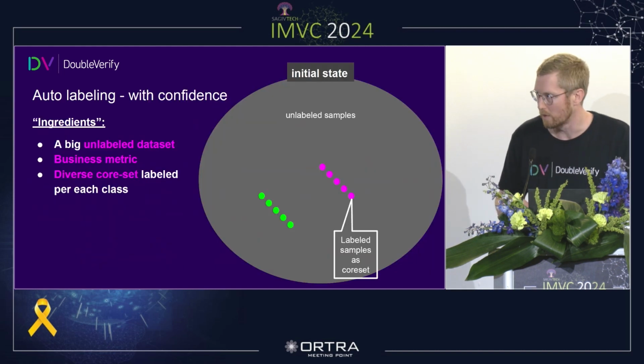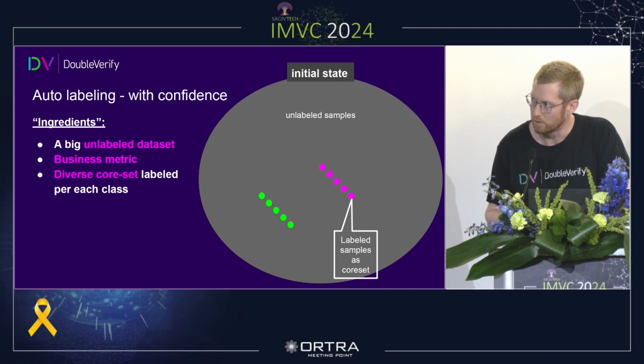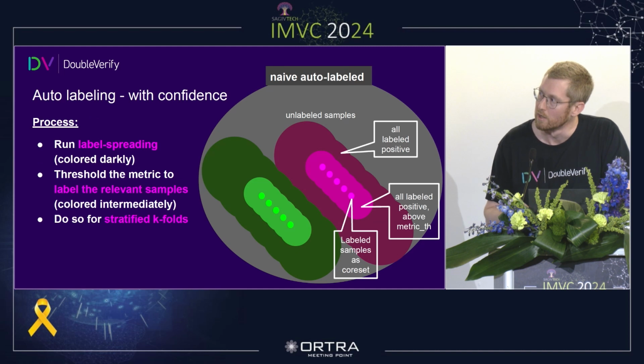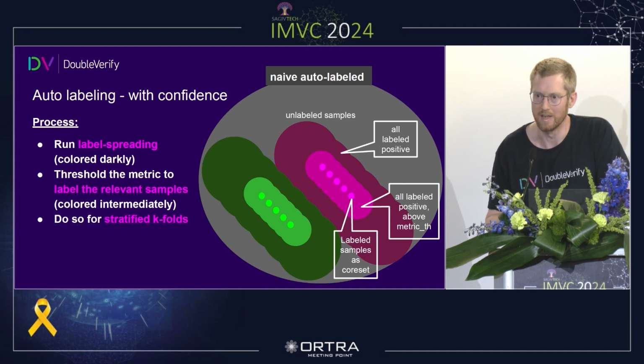So this is a diagram to show the process that we are going to do. The initial step is to have, in gray, the data set, a core set, in this case 2 classes, have it diverse enough, and run label spreading on it. This is the naive result, illustrative here. The dark colored are the naive label spreading result.